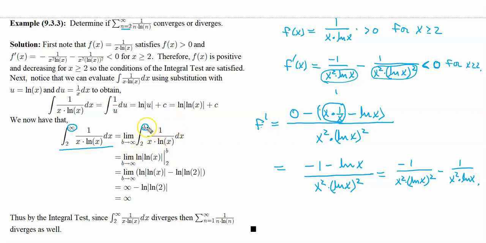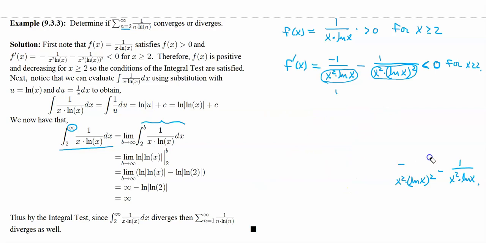And let's see, evaluating this definite integral right here. Now remember what we do here. Let's just do that off to the side. Okay, so the antiderivative of 1 over x times ln x.